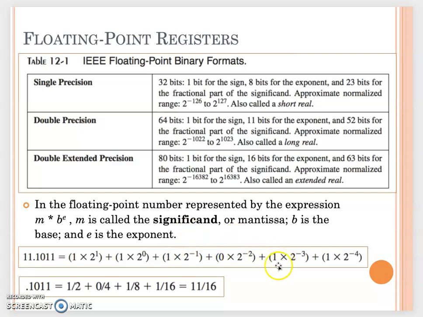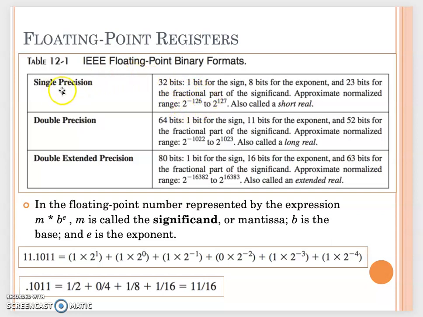Then 1 over 8, 1 over 16. So that's where our decimal comes from. We don't really use the decimal. Instead, we use the negative exponent of 2. So then you can have your decimal accuracy according to how big your negative exponent can be.